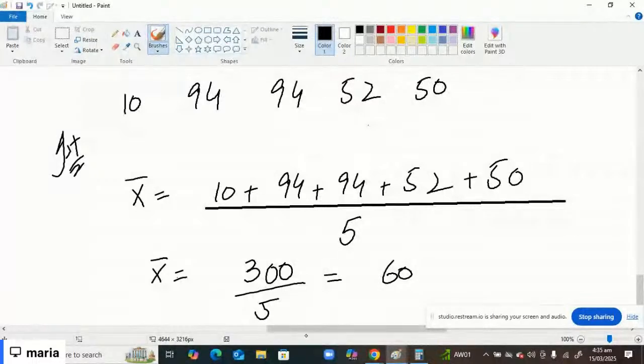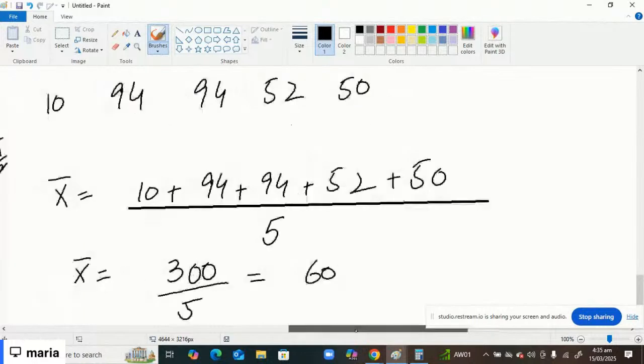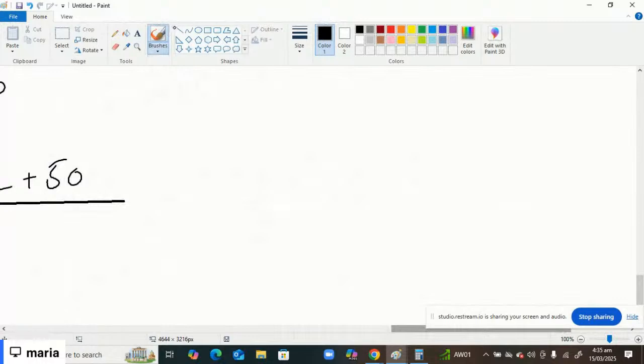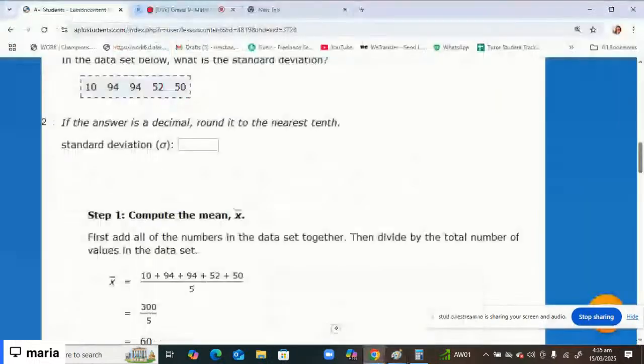Okay, now we are going to compute the variance. What is the variance now? Look at the data here, we have found the mean, that is 60.